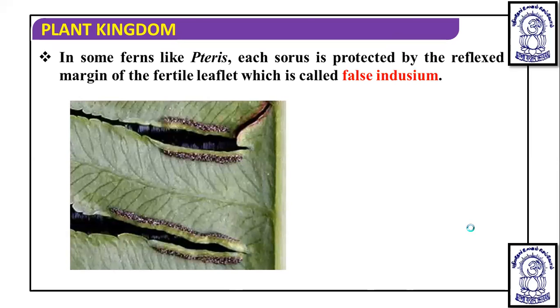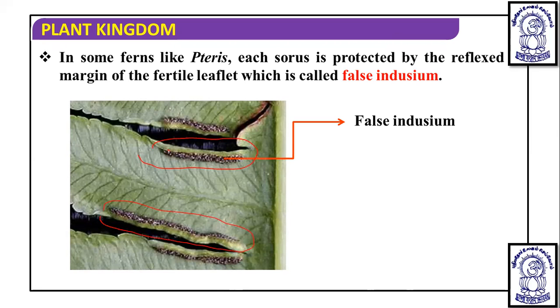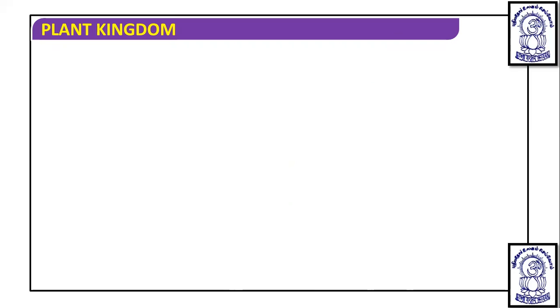You can see this is an example of a false indusium. The margins are showing coiling, and this is the false indusium. A true indusium is a direct covering occurring at the base, whereas if the margin is covering, it is a false indusium.